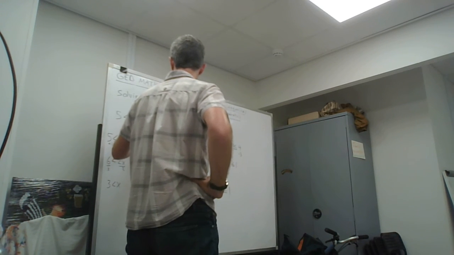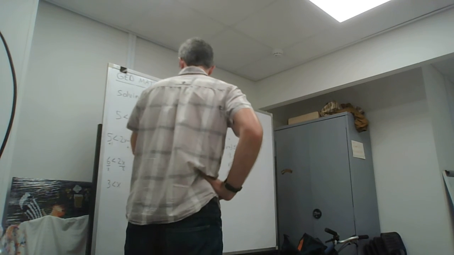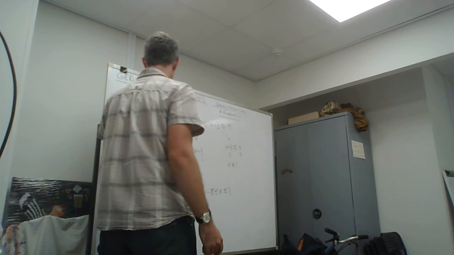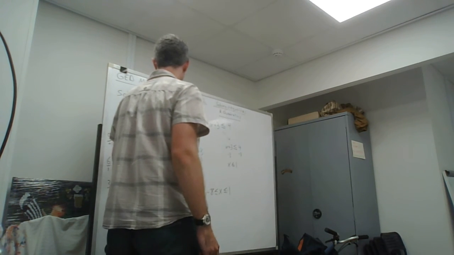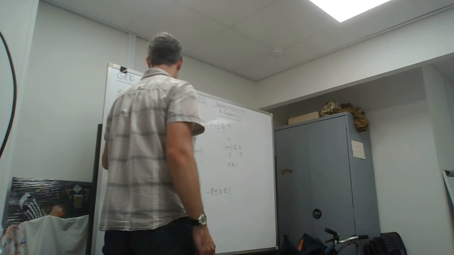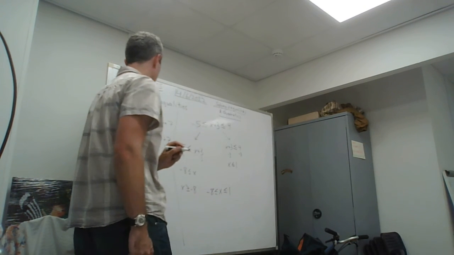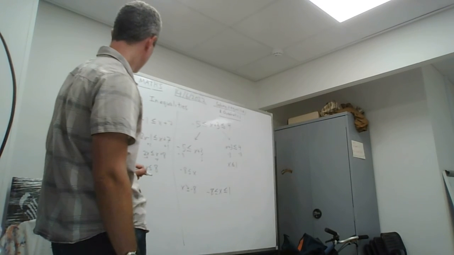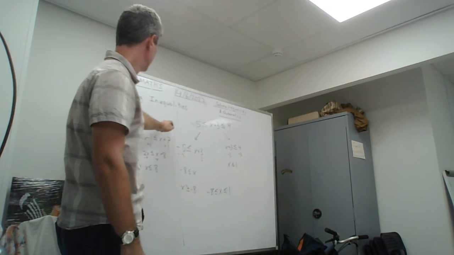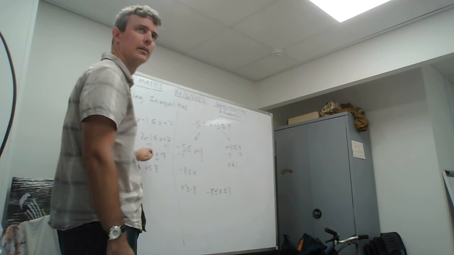We have 2x minus 1 less than or equal to x plus 7. We add 1 to each side. We get 2x less than or equal to x plus 8. Subtract x from each side. I'm subtracting x because I had x on both sides, so subtract this one so it can come here.